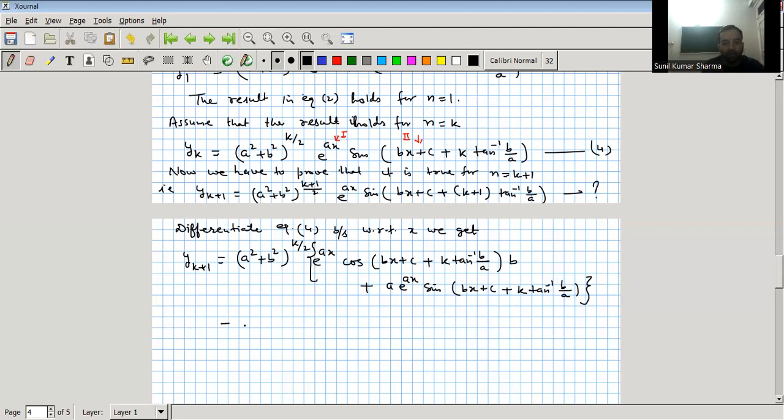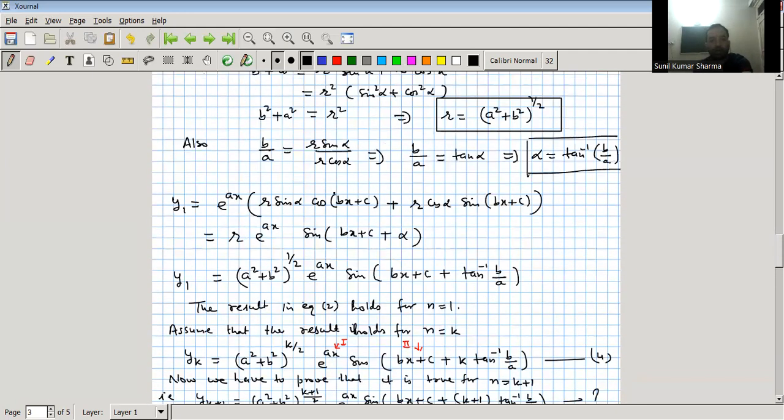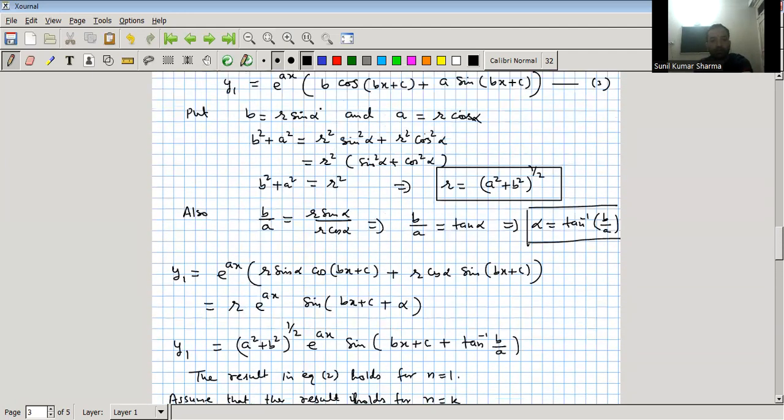So we can take e to the power ax to be common. So (a square plus b square) to the power k by 2, e to the power ax to be common. Again we put b as r sin alpha and a as r cos alpha.